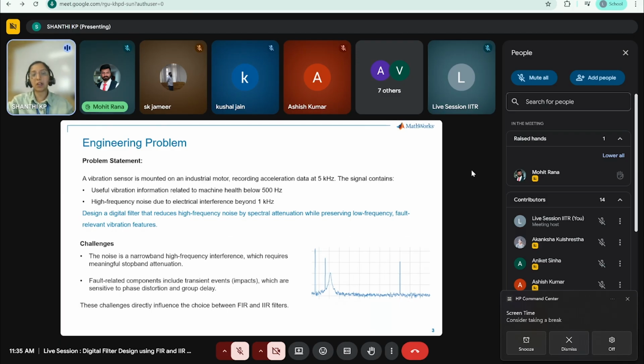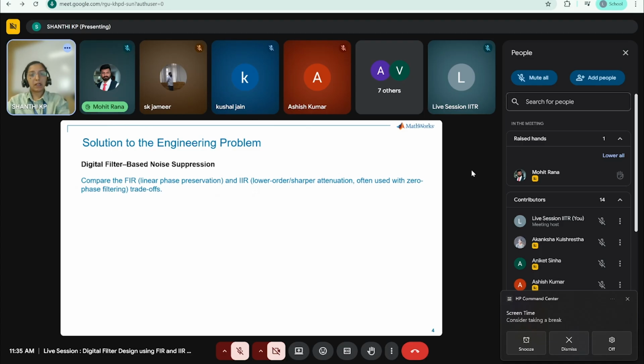Hence, denoising is usually the first step before any signal processing task. Addressing these challenges requires careful selection of filter specification and filter types.